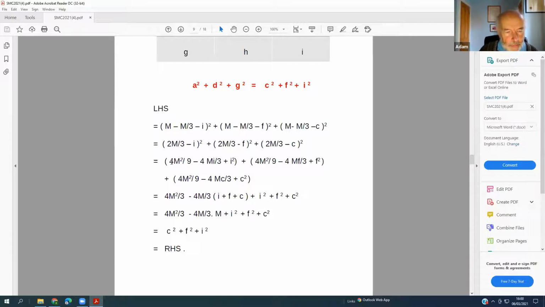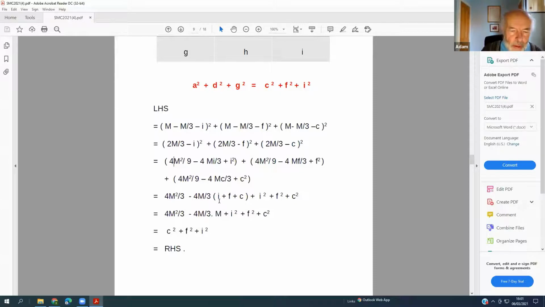We seem to have 3 lots of 4/9, which gives you 4/3. And then the terms in m have a common factor of 4m over 3, and this one has an I, this one has an F, and this one has a C, so we get to this. And then we get I squared plus F squared plus C squared for the constant term.